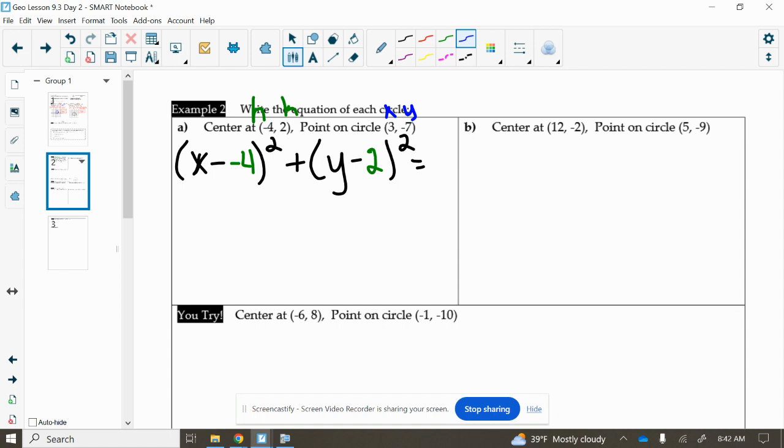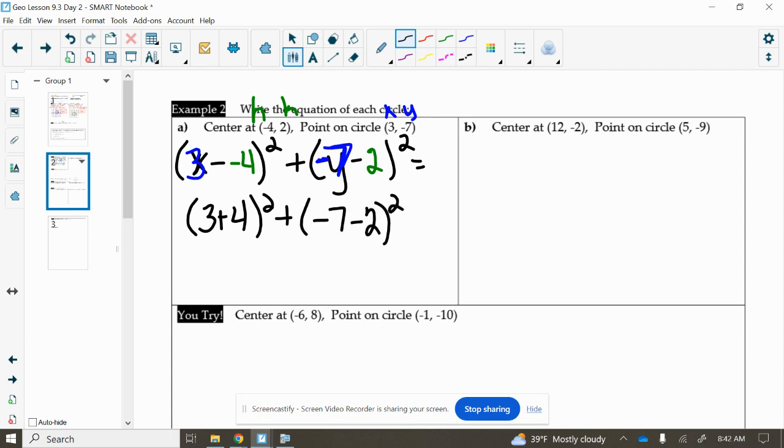So what we're going to do is, in order to simplify this, we're going to plug in for x and y those values that they gave us, and simplify, because now we have 3 plus 4 quantity squared, and then we have negative 7 minus 2 quantity squared.